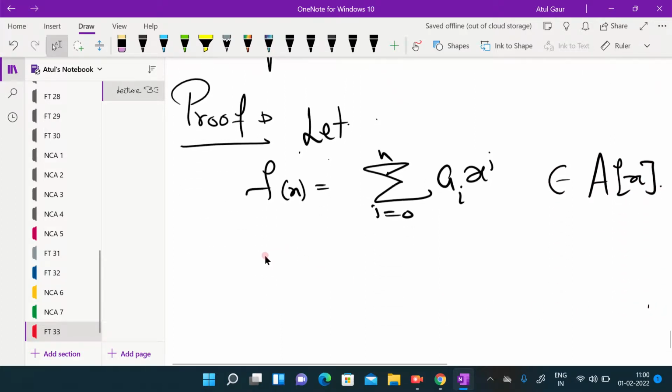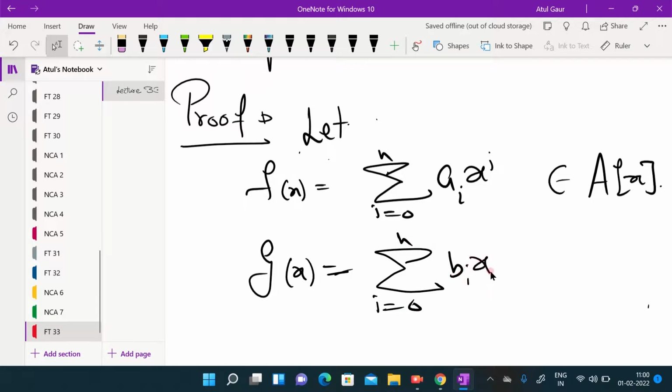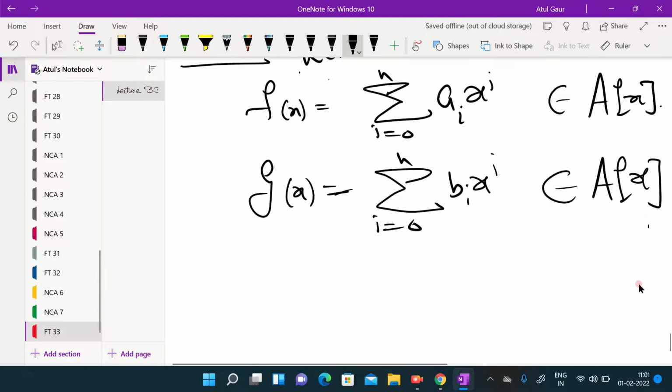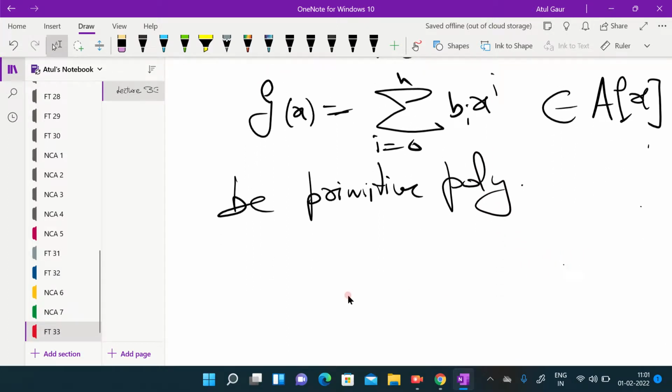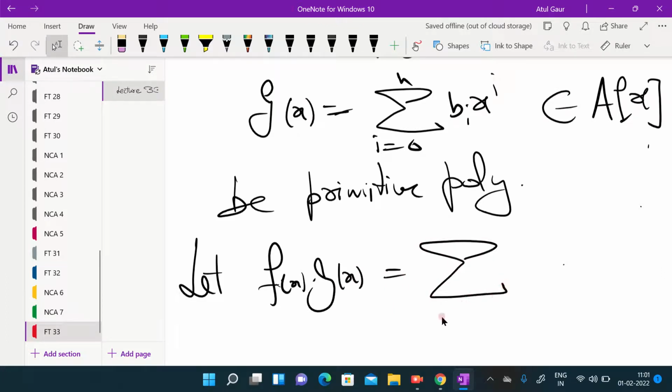Similarly, let's say g(x), summation k from 0 to n of b_k x^k, again in A[x], and suppose both are primitive polynomials. Consider their product, f(x) into g(x). इस product का डिग्री कितना हो जाएगा, m plus n.